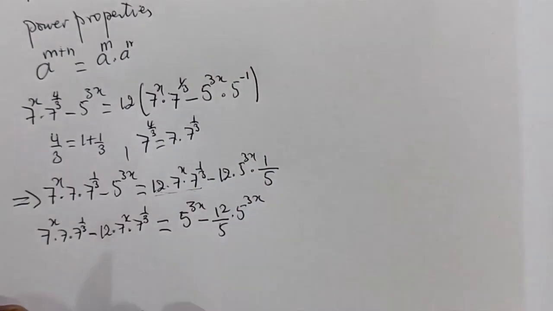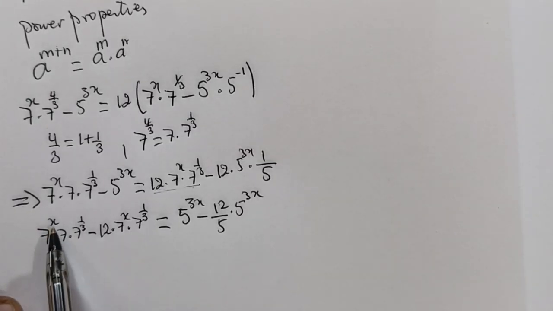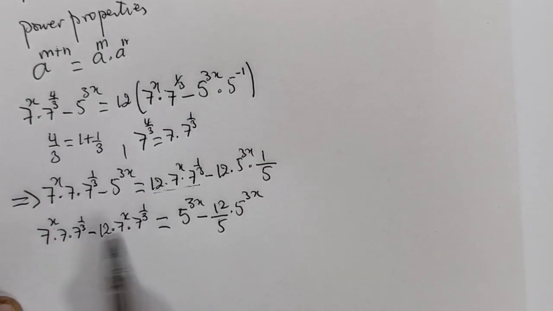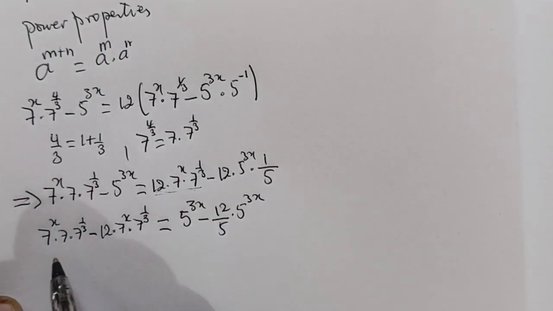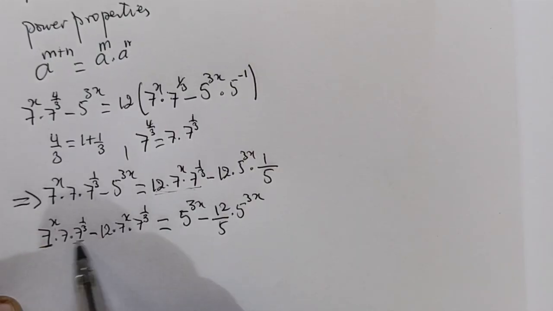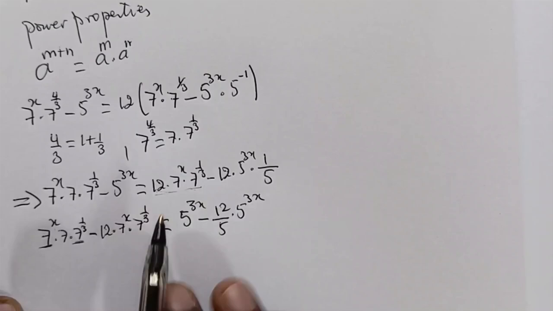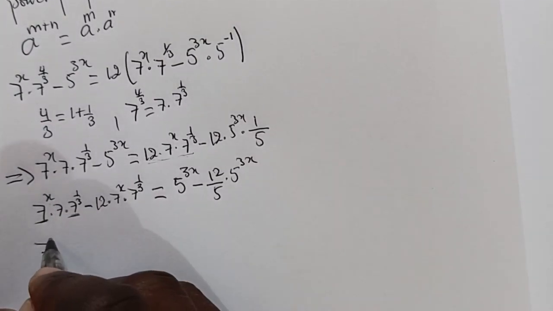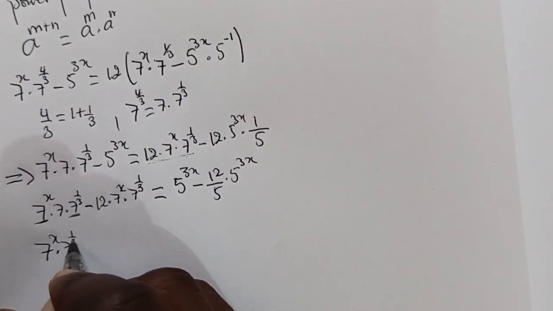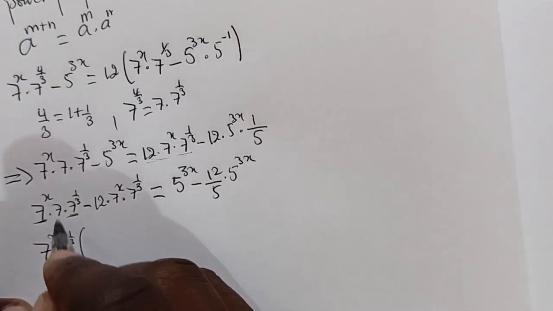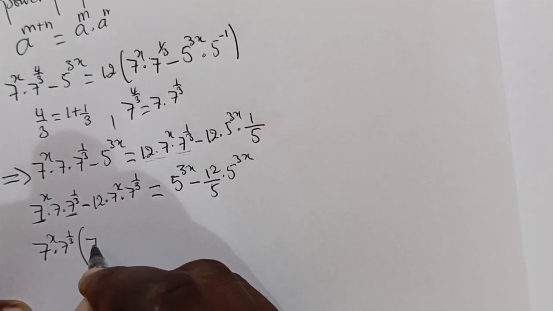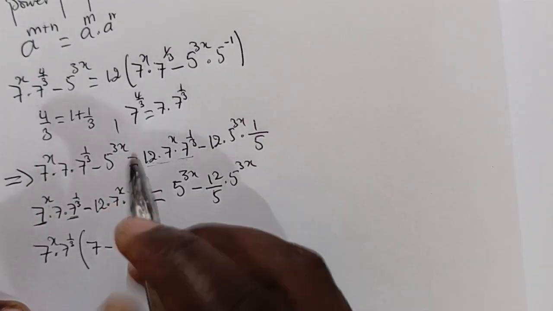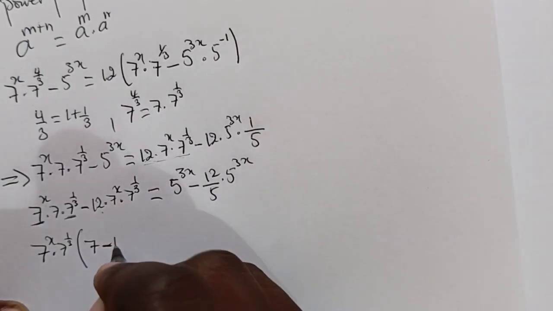Okay. What's next here? Because we have 7 to the power of x times 7, and here is 7 to the power of x, I need to factorize by 7 to the power of x times 7 to the power of 1 over 3. Here, I will have 7 to the power of x times 7 to the power of 1 over 3 into, here I will remain with 7 minus, here is minus 12.